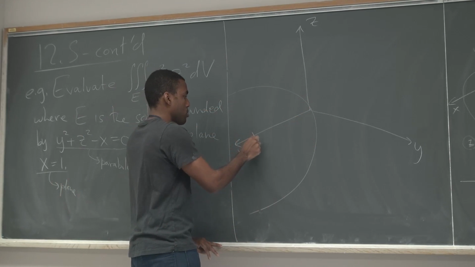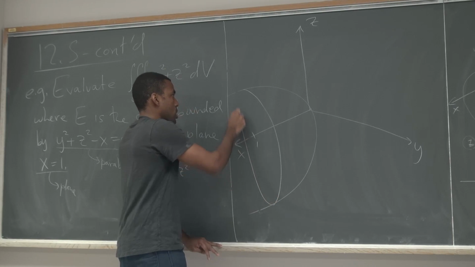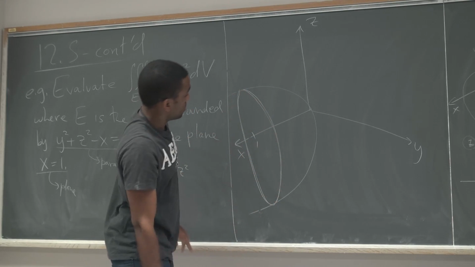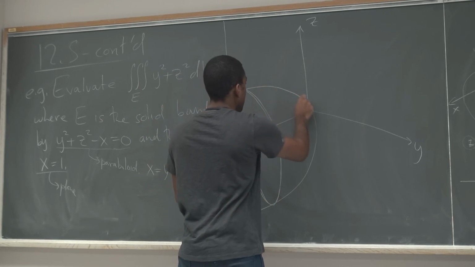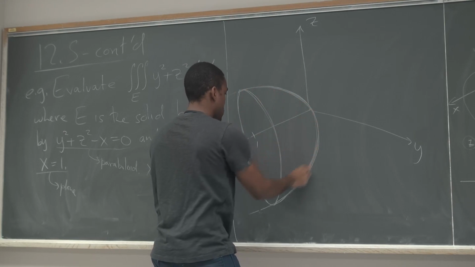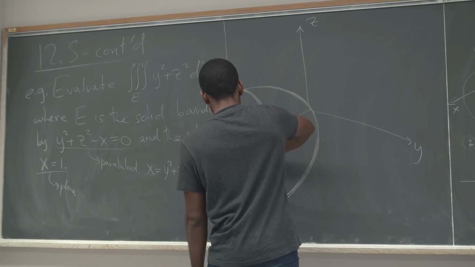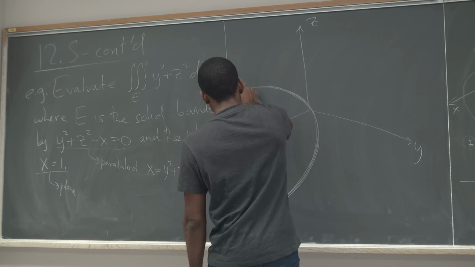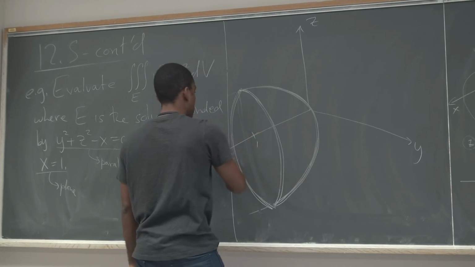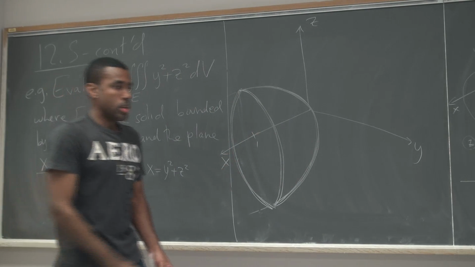So there's going to be a plane cutting through 1 that's going to chop this paraboloid. So we're seeing sort of this. So this is our object. Okay, set up the triple integral.